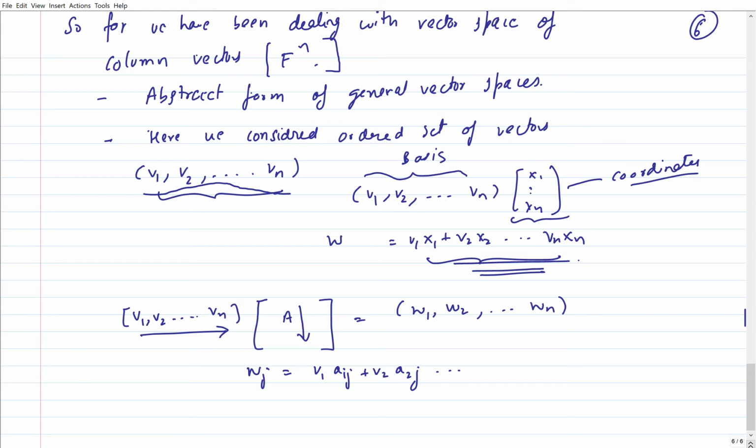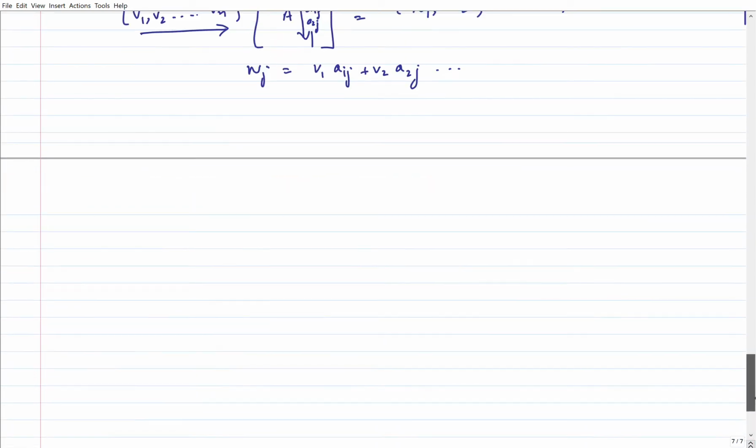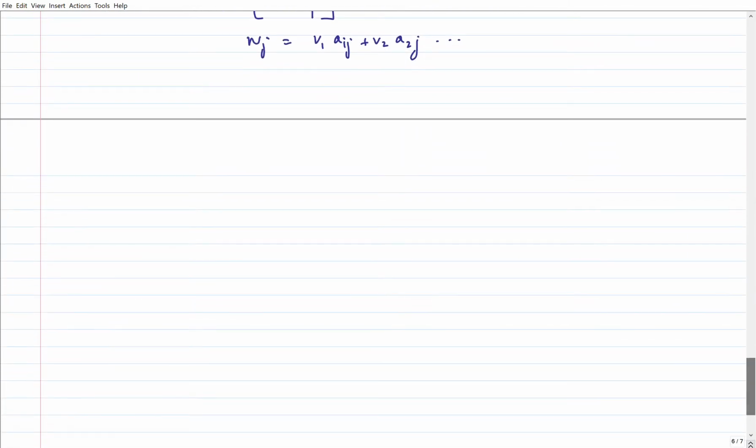So that would be your a1j, a2j, and so on. As an example, I have v1, v2, and I can have some columns, and that gives me vectors.